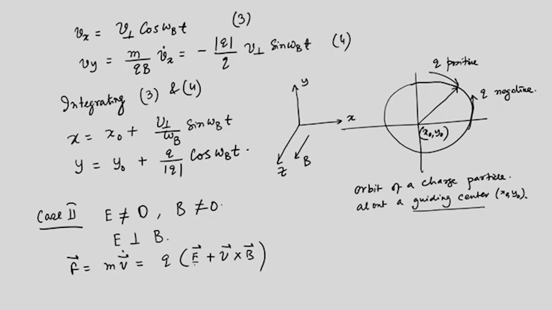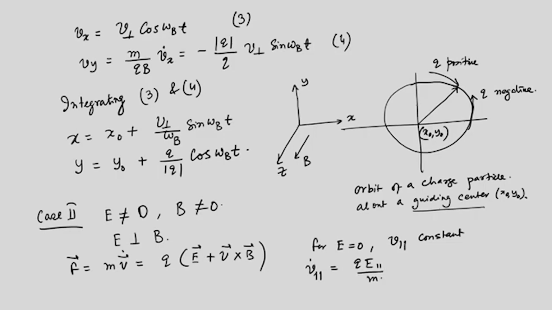Earlier, for E equal to 0, which is case 1, V parallel was a constant. But now the parallel component actually has an acceleration given by q times the parallel component of E, divided by m.